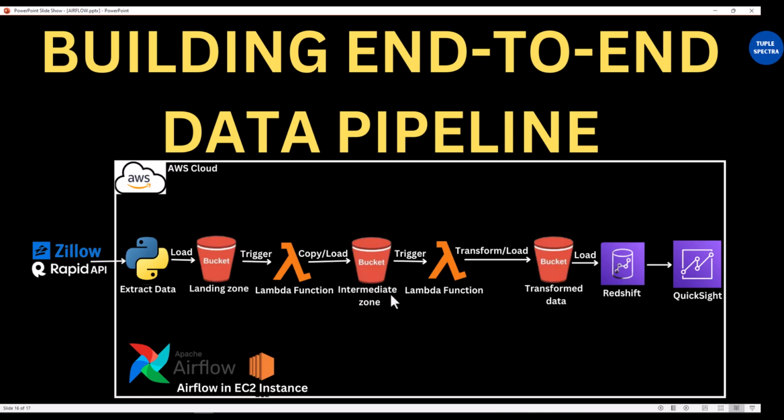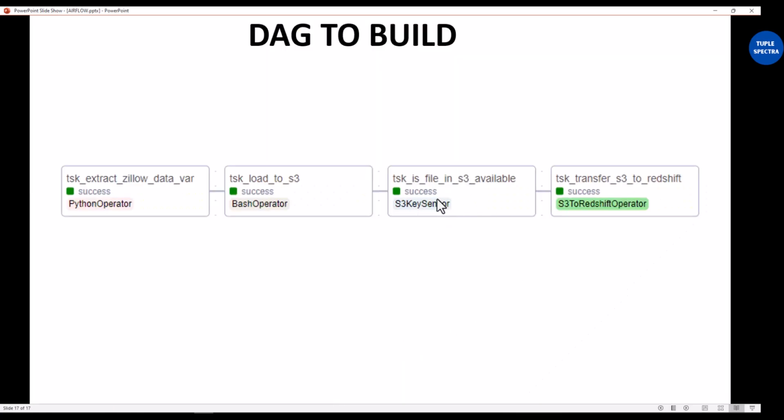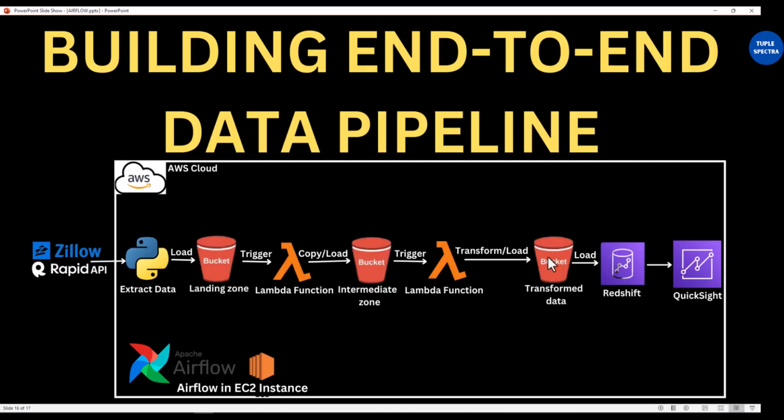Immediately that file gets into that, it triggers another function that transforms and loads the data into another Amazon S3 bucket. But before we loaded into Redshift, we add an S3 key sensor in our Airflow task, and that helps to sense if the file is already loaded into this bucket, after which we are able to load that data into Redshift.